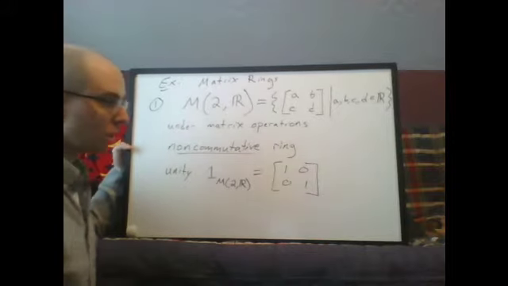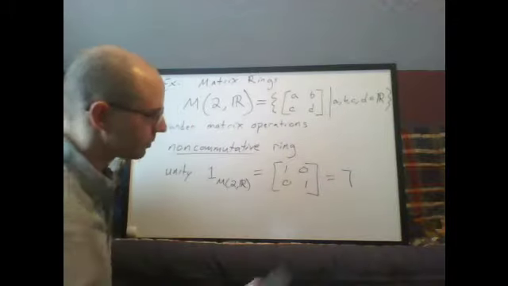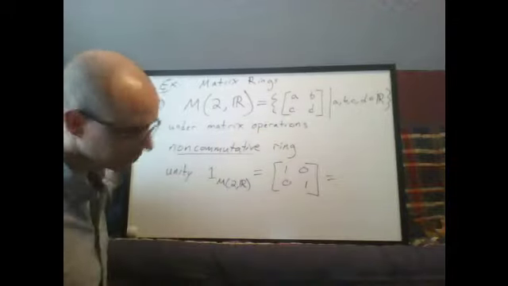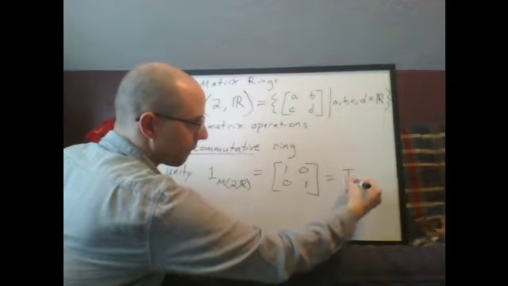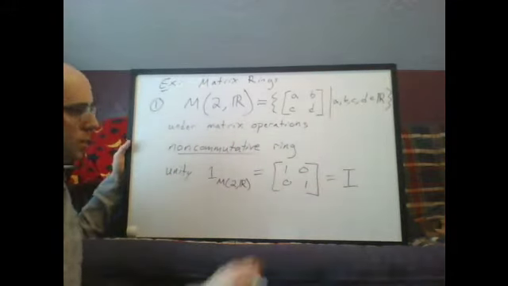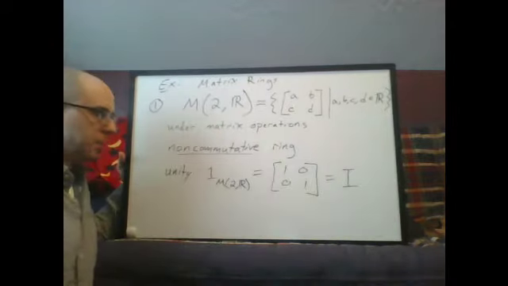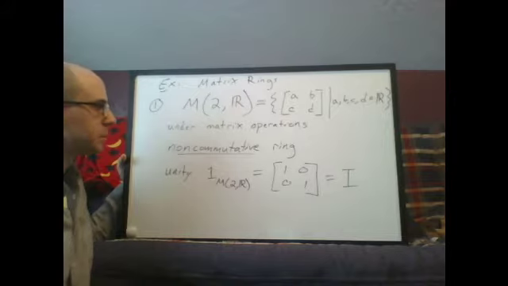Lots of places will call it I, capital I, I mean. So multiplying by 1, 0, 0, 1 doesn't change your matrix. So that's our unity element.